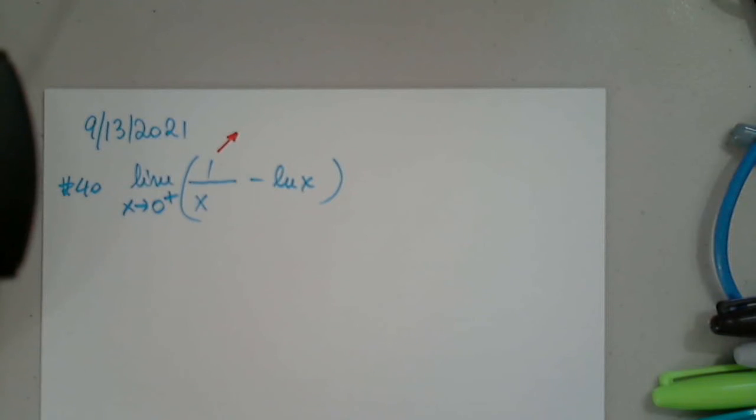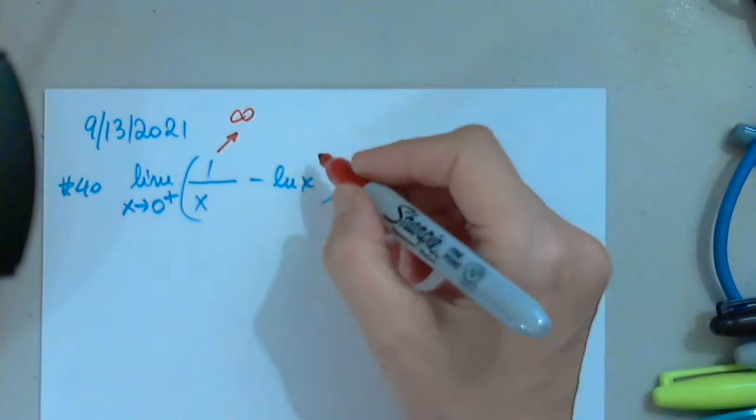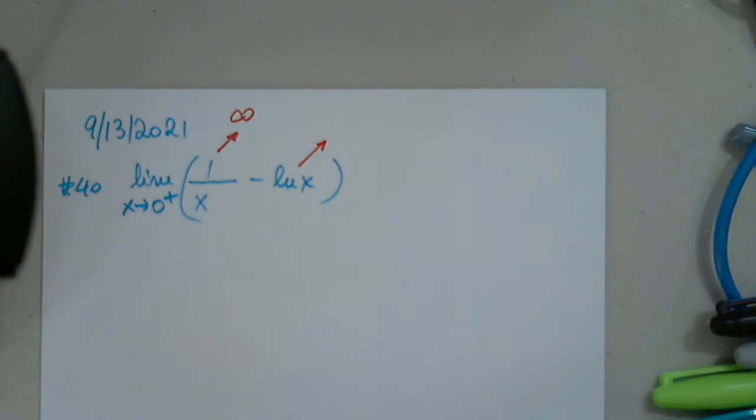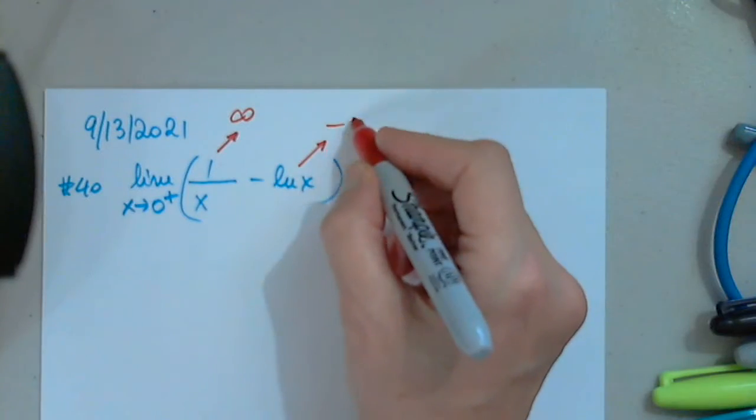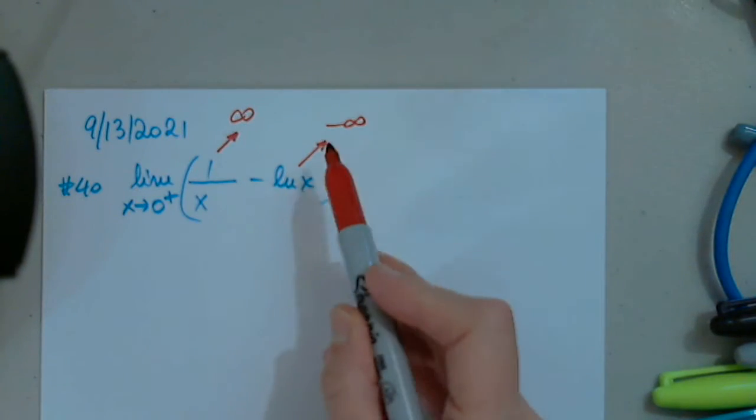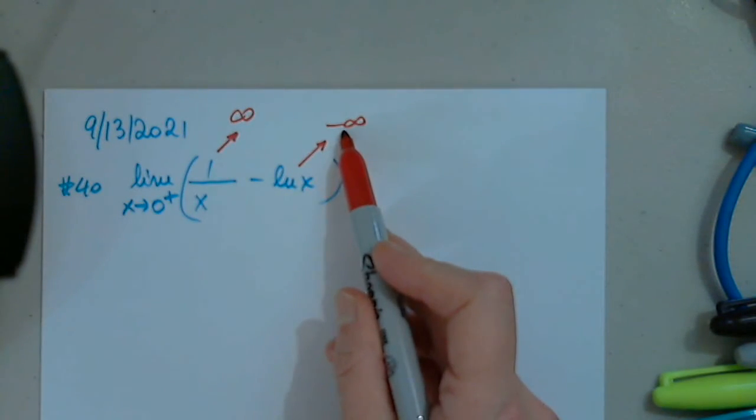So can anyone tell us where does 1 over x go? To infinity. Very good. Can anyone tell us where does natural log x go? We graphed the function: negative infinity. Since there is a negative in front, what happens to this?